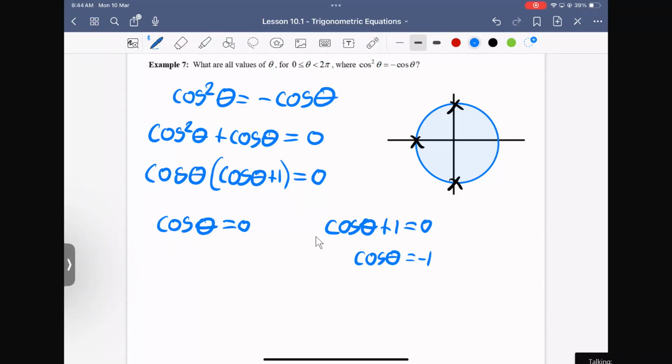So theta is equal to, our first solution would be pi over 2, our second would be pi, and our third would be 3 pi over 2. Are there any other solutions? No.